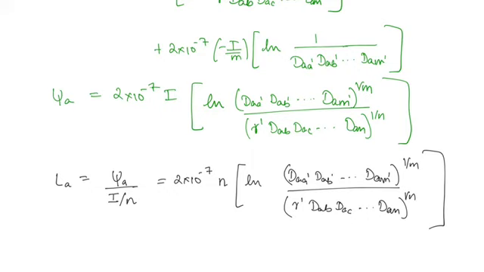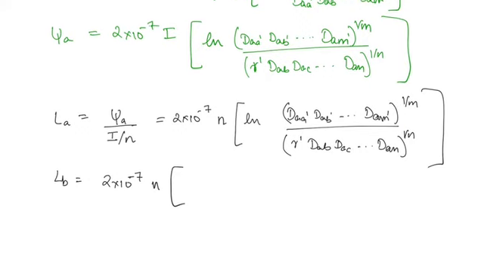Now this is for one filament. Similarly you are going to get for other filaments as well. What will be LB? 2 into 10 to the power minus 7. See, these are not going to be equal, all of them are different because these distances are going to be different. What will be the distance here? Ln. Now we want everything in terms of B. So wherever A is present, we substitute B. So what you are going to get here?